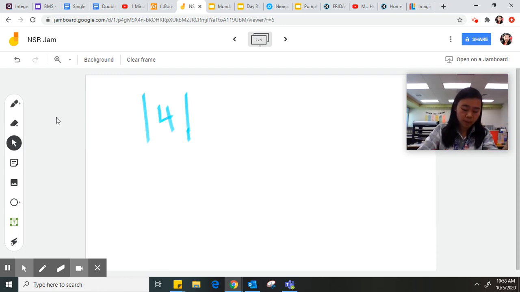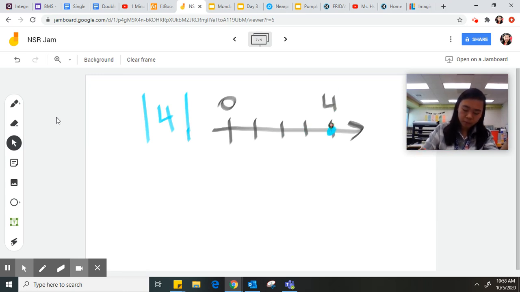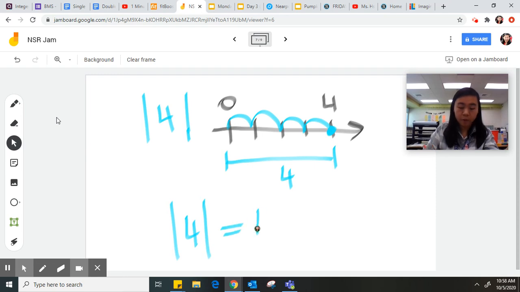If you want, you could draw a number line. This is 0, 1, 2, 3, this is 4. How far away would 4 be from 0? 1, 2, 3, 4. This distance is 4. So the absolute value of 4 is 4. How far away is 4 from 0? 4 steps.